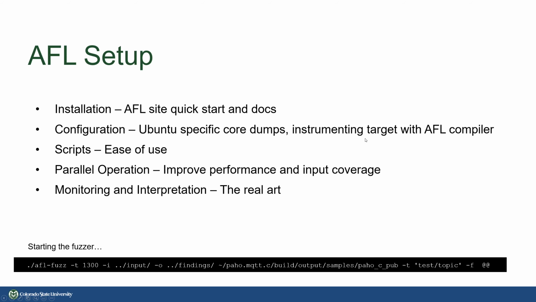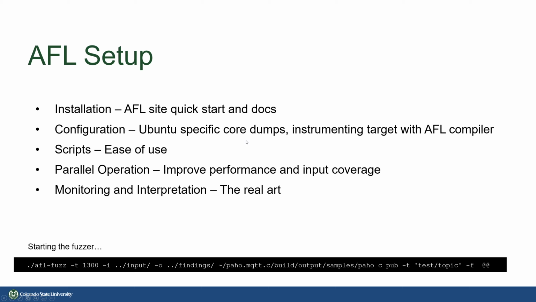So part of AFL's setup was just the quick start from their website. That was fairly simple. They have good documentation. And then I configured the rest of it on Ubuntu. There was a specific change I had to make based on how Ubuntu treats core dumps, because that's one thing AFL is looking at.